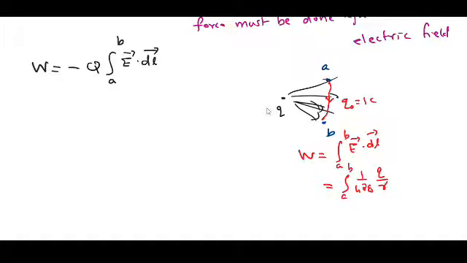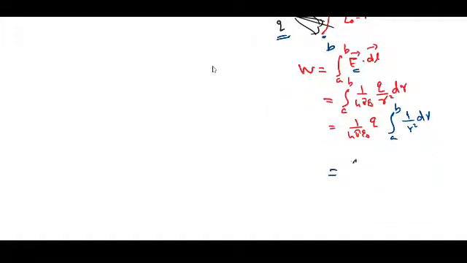The length element is nothing but dr. If I do the integration, this will be 1 by 4 pi epsilon 0 q into, here it should be r square, because E is the electric field produced by this source charge at a distance r. Therefore, the integration from a to b of 1 by r square dr will give you q by 4 pi epsilon 0.